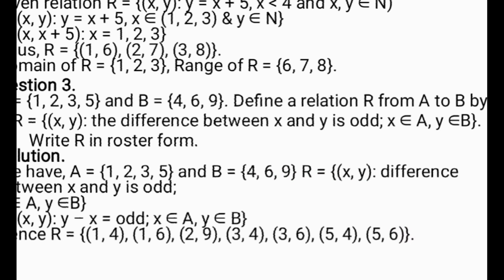See, the difference between x and y is odd. How? Check this. 4 minus 1, 3. 6 minus 1, 5. 9 minus 2, 7. 4 minus 3, 1. 6 minus 3, 3. Like that we are checking this.